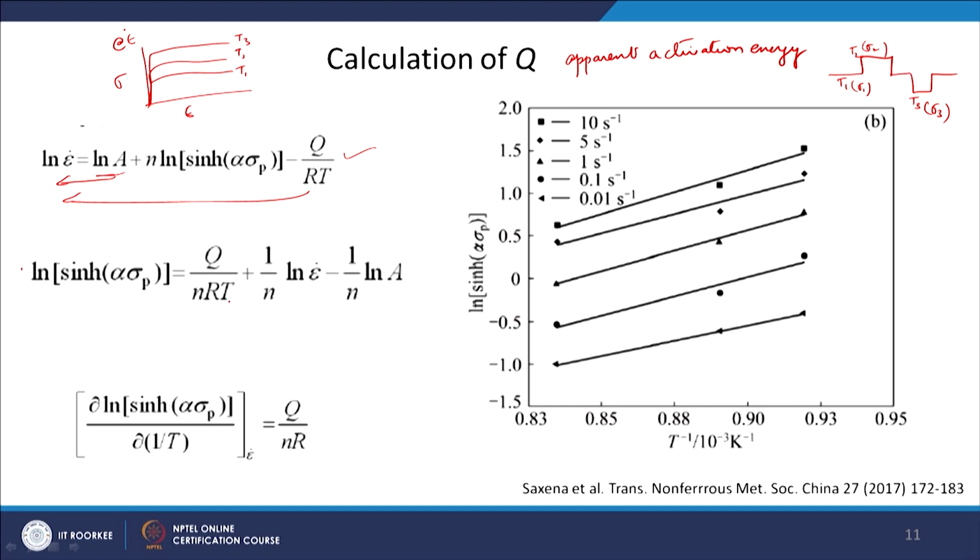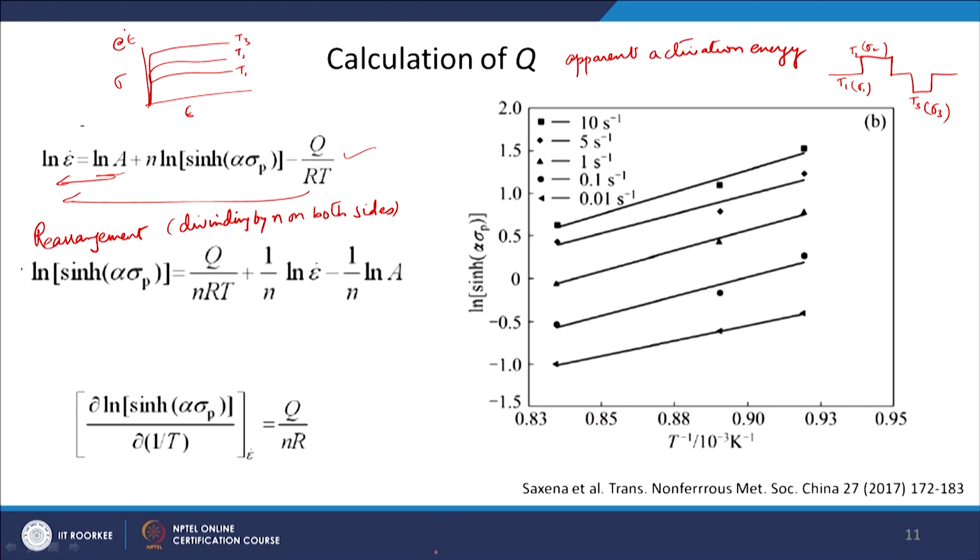So, Q by nRT plus 1 by n ln epsilon dot minus 1 by n ln A. So, slight rearrangement of the earlier equation. Okay. And dividing by n on both sides. Okay. So, you will get this equation.